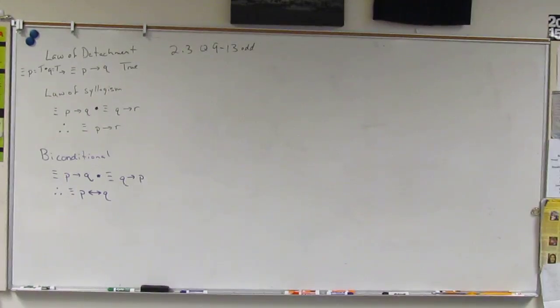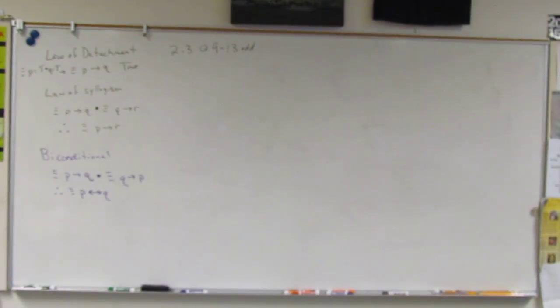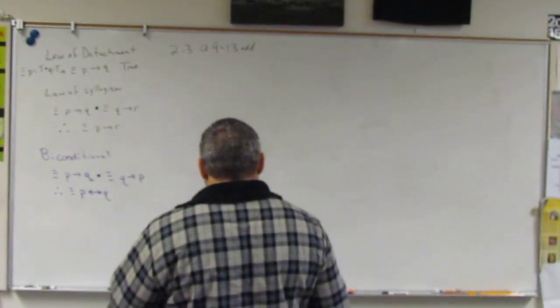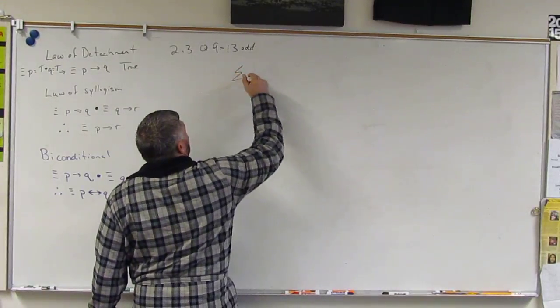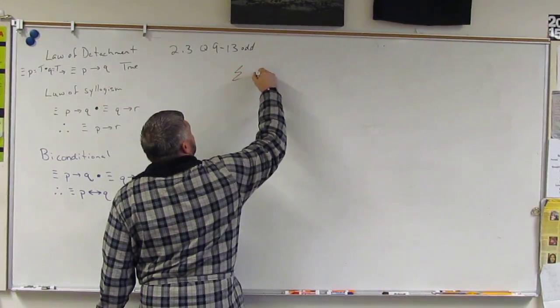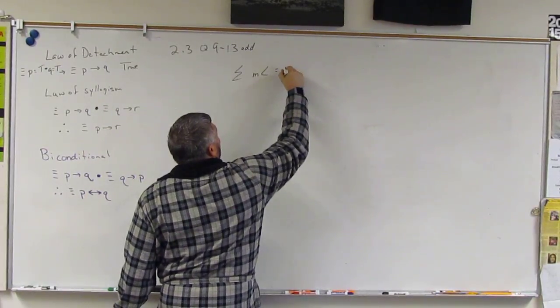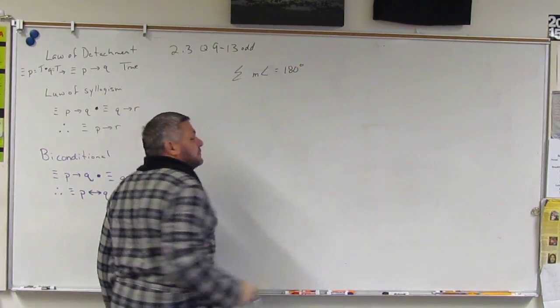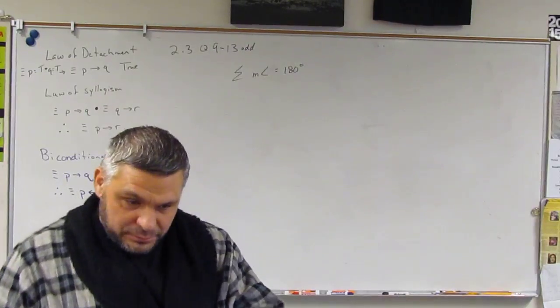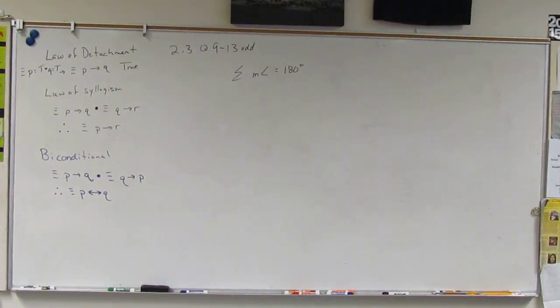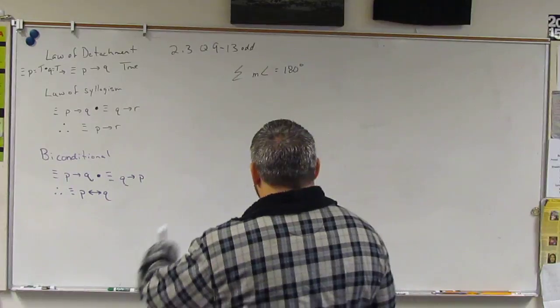Number 9 says the sum of the angles measured in a triangle is 180 degrees. So the sum of the measure of the angles is equal to 180 degrees. Okay? And two angles of a triangle's measure is 40 and 60.